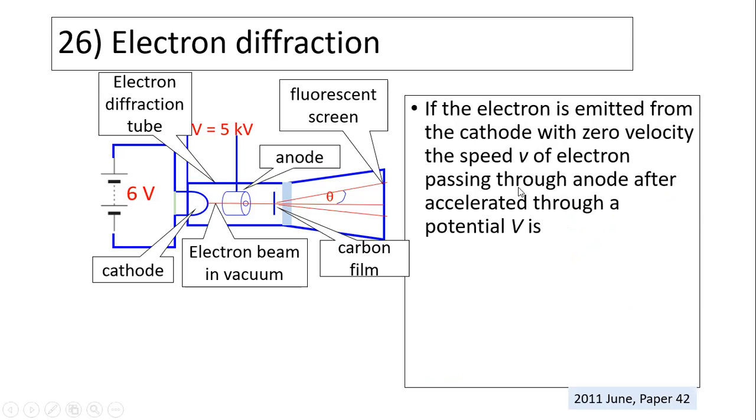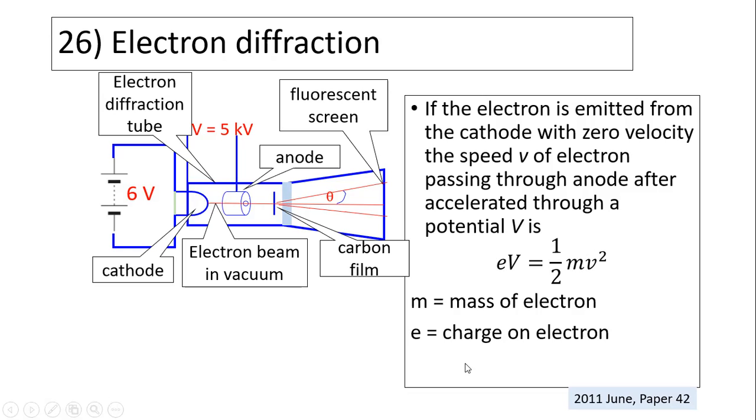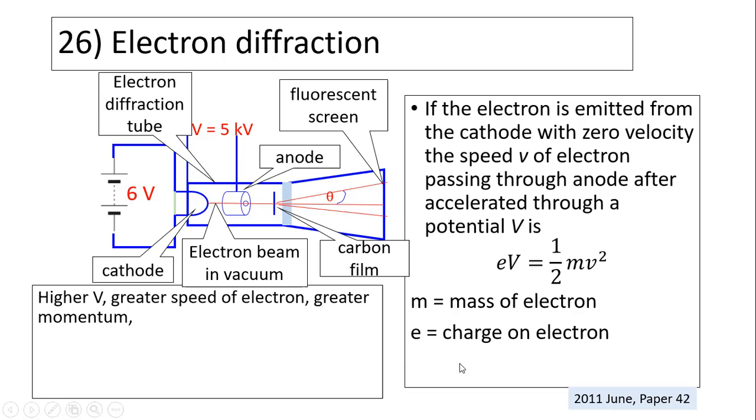Passing through the anode with a potential difference of V, the work done, electron charge accelerated by a potential V, becomes the gain in kinetic energy, half mv squared. m is the mass of the electron, e is the charge of the electron. Higher accelerating potential V, higher speed, or greater momentum.